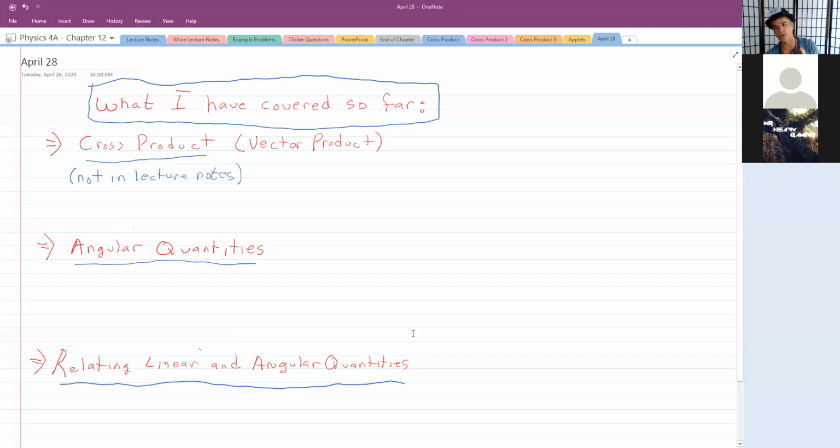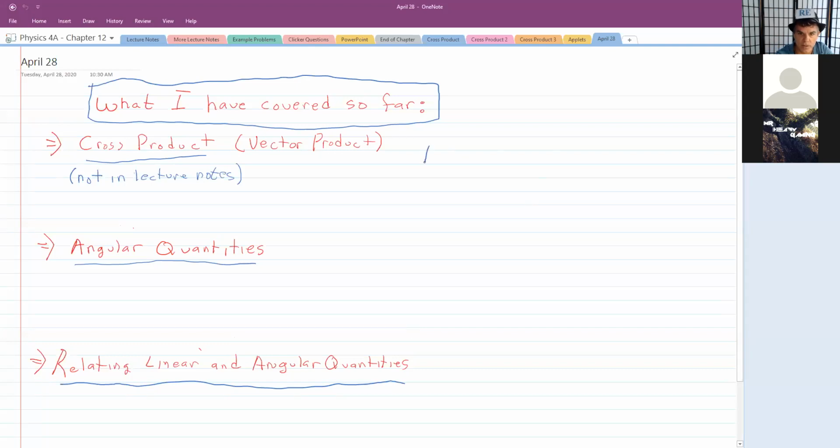All right, let me do a little recap of what I've covered so far in chapter 12. I've done basically 2 lectures on it. First, I started talking about the cross product or vector product. Remember, with the dot product the end result was a scalar, but with the cross product the end result is a vector.